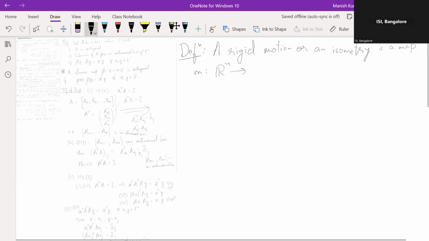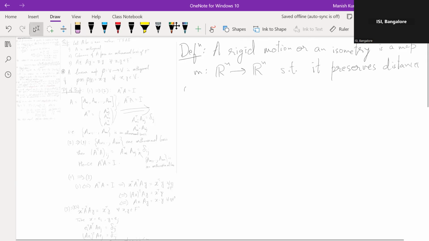So the definition is for any dimension, but we will think of it and apply it in R3, such that it preserves distances. Yeah, such that it preserves the distance between any two points. Yeah, so it preserves distances.